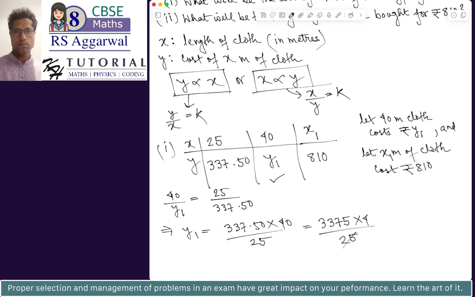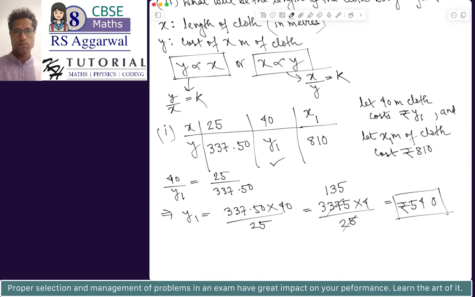After simplification, 25 cancels with 3375, and this is equal to 135 multiplied by 4, which is 540. So y1 is 540, and we have considered y1 as the cost of 40 meter of cloth. So this will be rupees 540. So y1 is rupees 540.